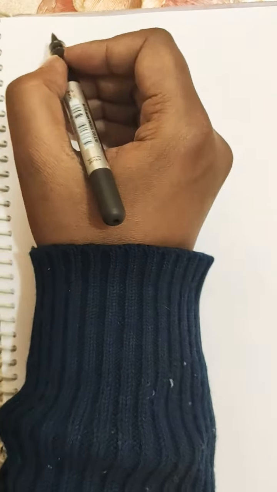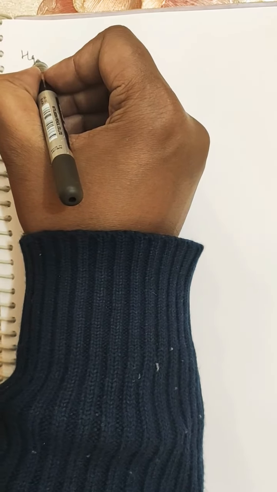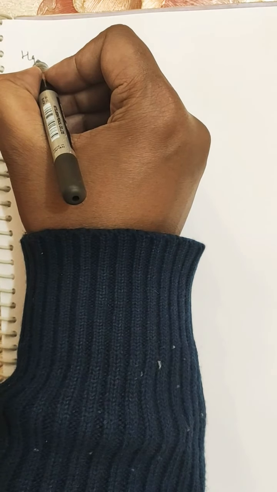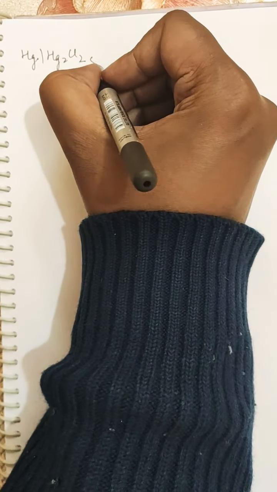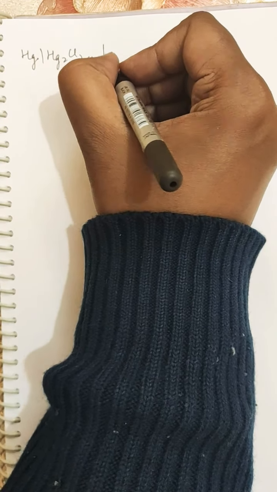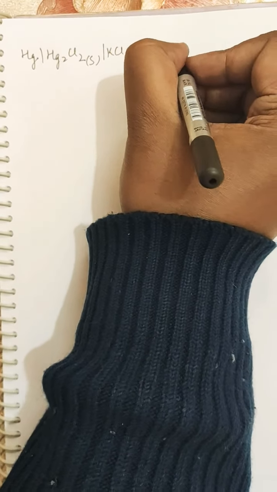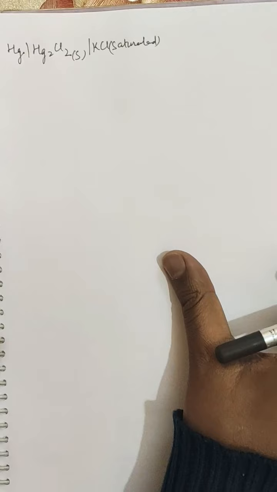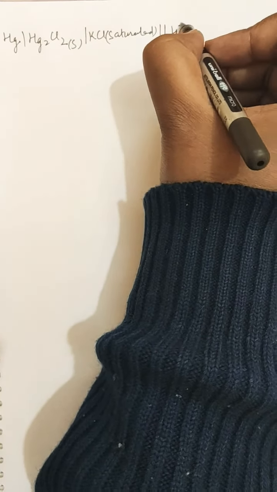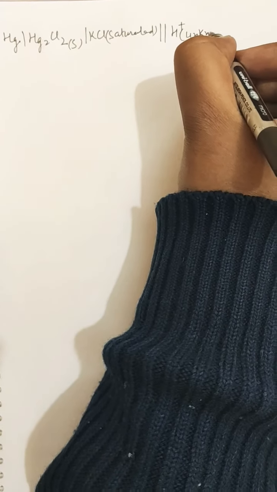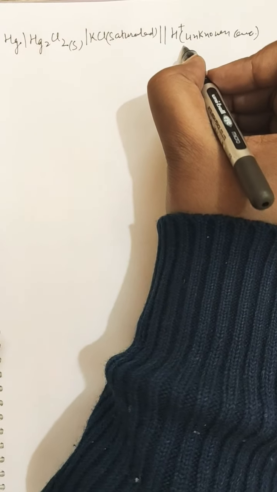For a calomel electrode, the reaction may be written as Hg, Hg2Cl2 in solid state, further KCl saturated, and H positive of unknown concentration.